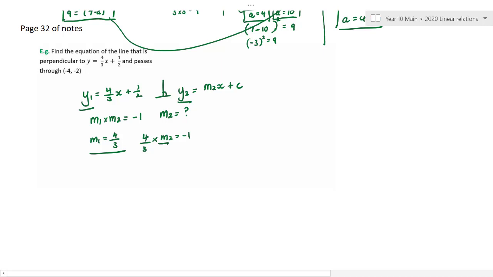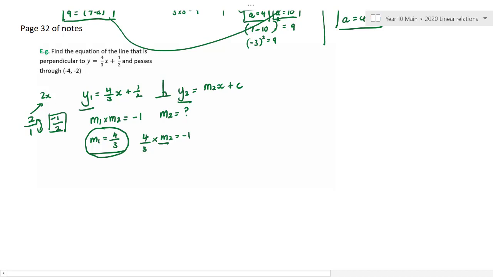Now, of course, you could do that algebraically. You can multiply both sides by 3 and divide by 4. But the trick is, if two lines are perpendicular and we've got a fraction, or even if it was 2, 2 is the same as 2 over 1. I can flip these around and make that 2 a fraction as 2 over 1. What that means is if I was trying to find what's perpendicular to a gradient of 2, let's flip these around, 1 over 2, and change the sign.